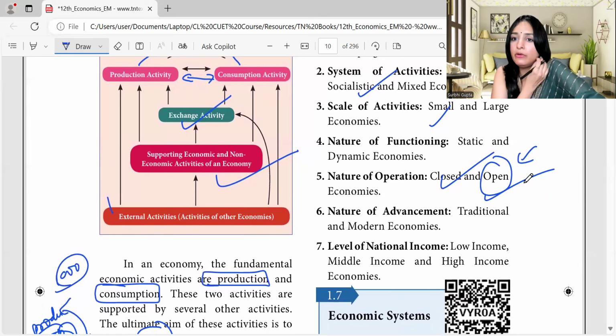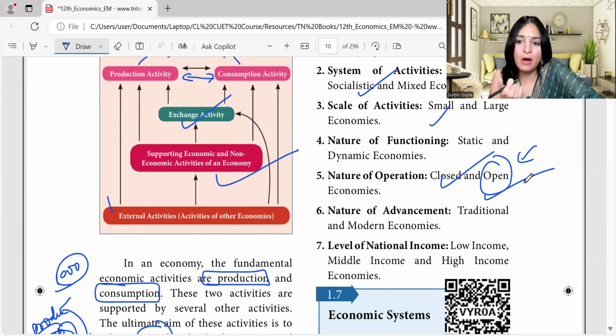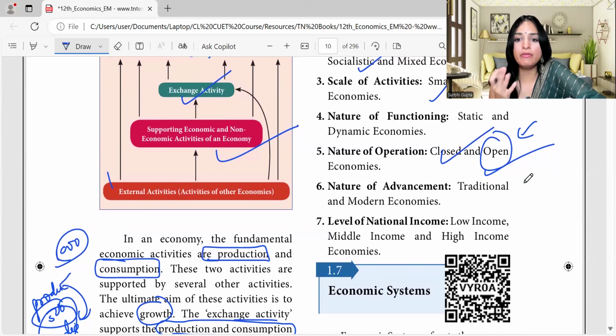We normally say that we are adopting trends from the West. So the West is a modern economy, we can say, and we were a traditional economy years back. Now I don't know what the status is according to the classification of traditional versus modern. Then according to the level of national income, we can say one is a low income economy, another is a middle income economy, and one is a high income economy. Okay, so these are the different kinds of classification based on which we can divide our economy.